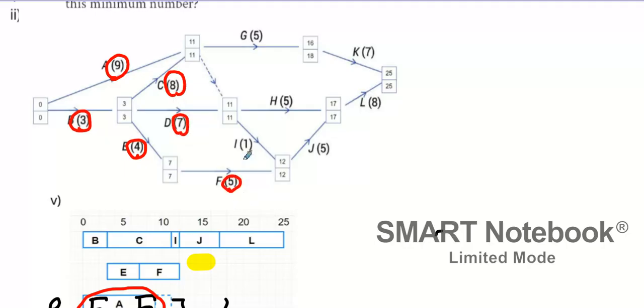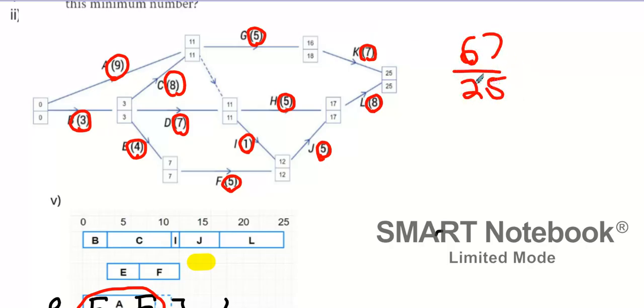5, 1, 5, 5, 5, 8, 7. So we're going to add all of these together right now. 67. Now, guys, 67 divided by 25. See the 25? Tell me what that is roughly. 2.68.